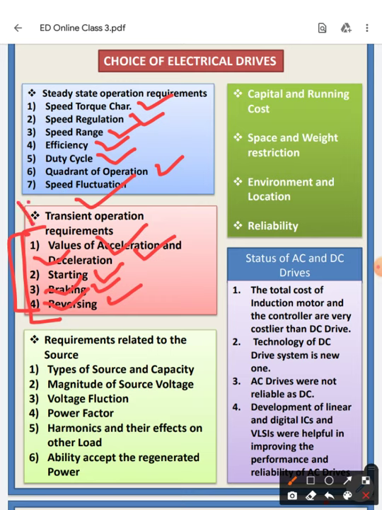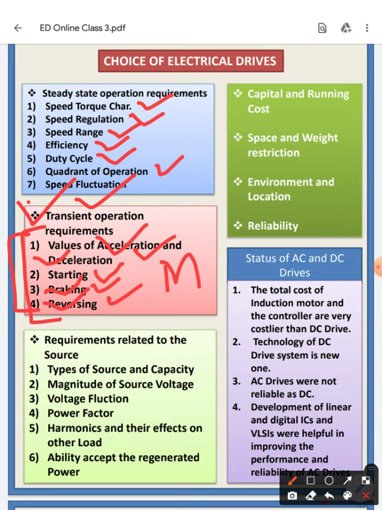Due to that, a transient condition will occur, and during that transient condition, we need to select the motors by realizing which kind of machine is feasible to handle that amount of starting current.